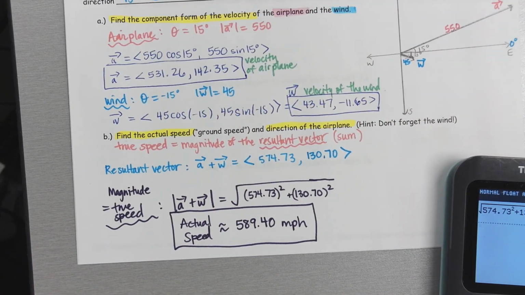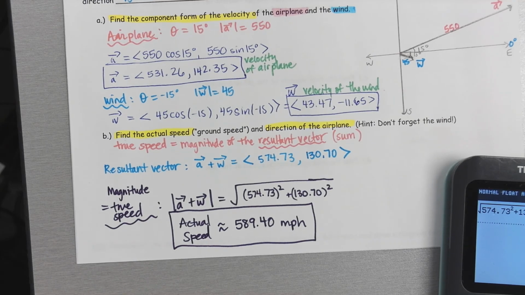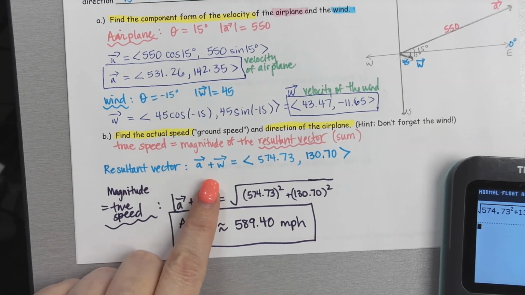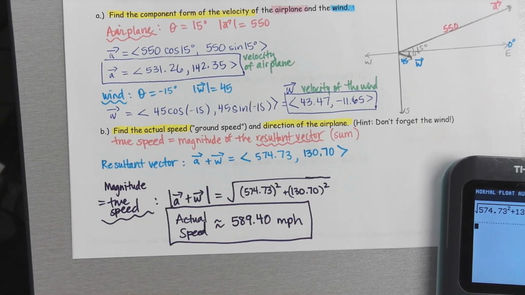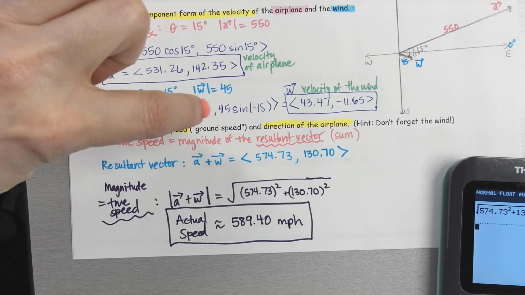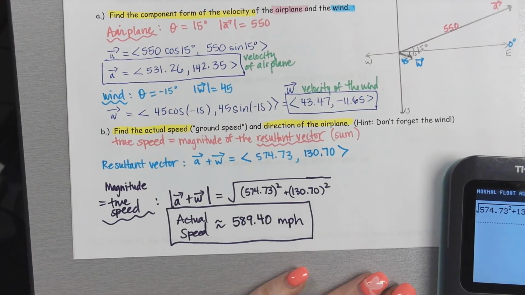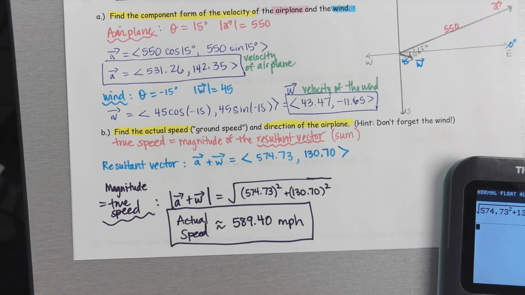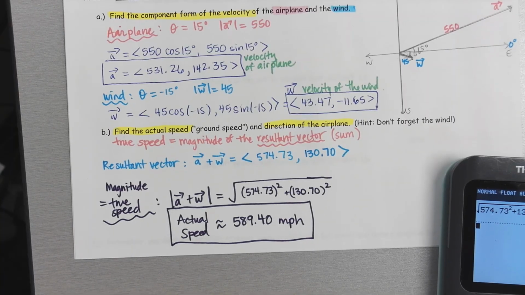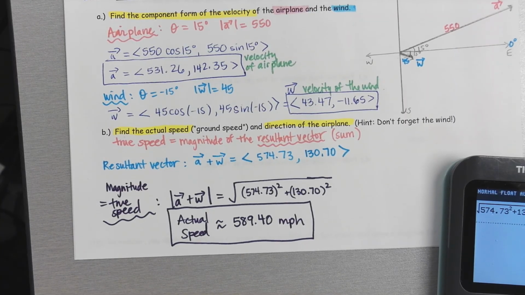Okay, now we're going to find the direction of the airplane. So in order to do that, we are going to put on our diagram the resultant vector. So yesterday, you guys learned that the resultant vector is the diagonal of the parallelogram. Do you guys remember highlighting that in your notes yesterday?